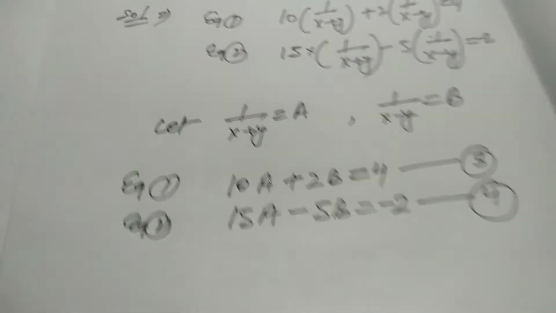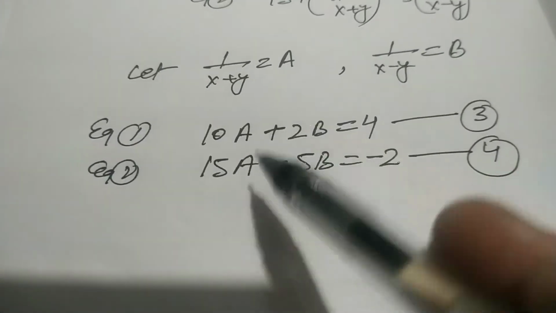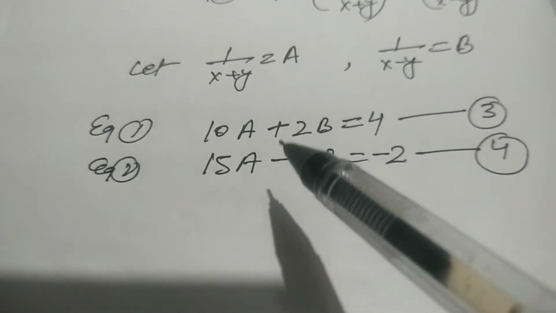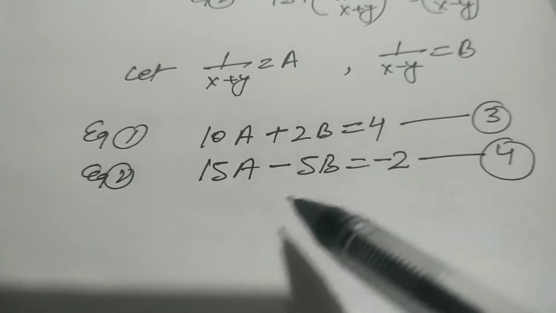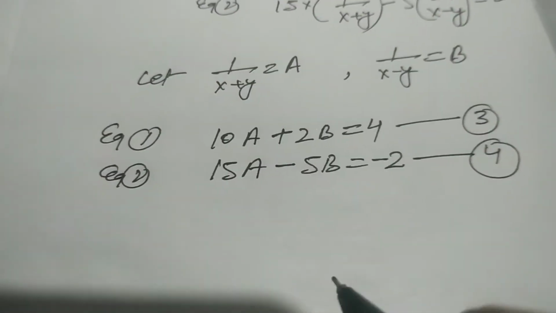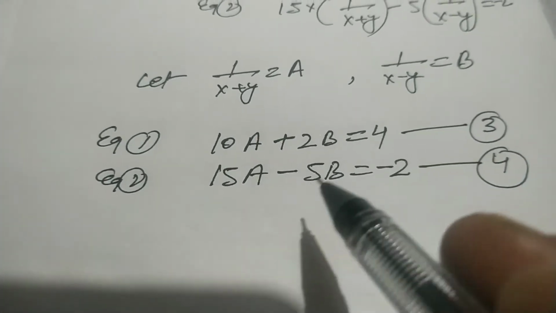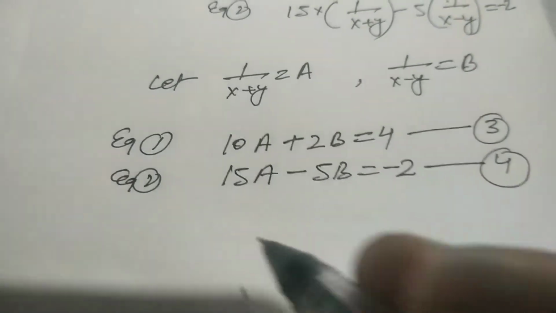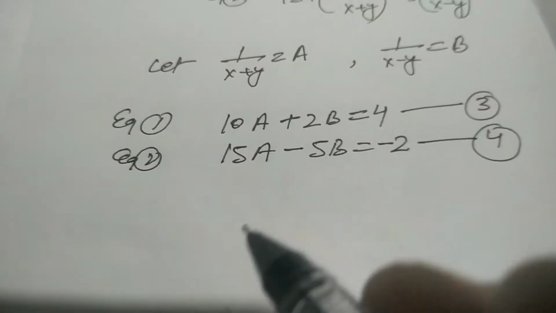Now we can solve these equations for a and b, not for x and y. First we have to solve for a and b and then solve for x and y. We can use the substitution method, elimination method, or cross multiplication method. I am using the elimination method.